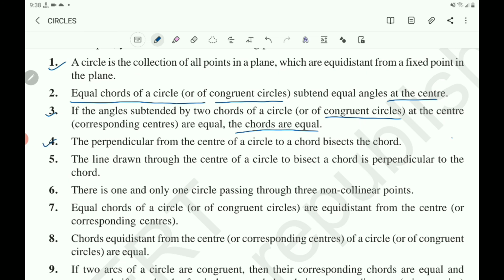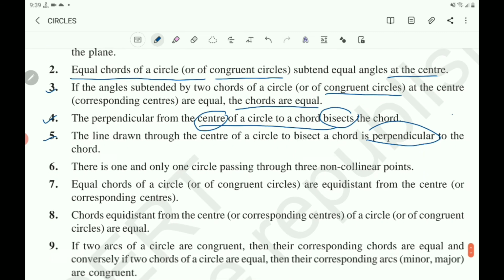Then the fourth point, the perpendicular from the center of a circle to a chord bisects the chord. Fifth point, the line drawn through the center of a circle to bisect a chord is perpendicular to the chord.